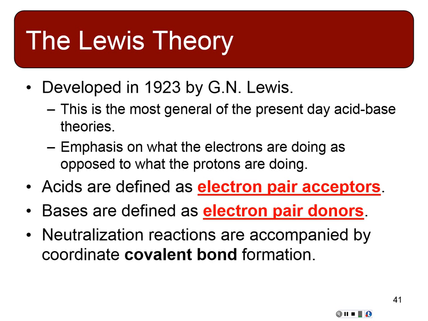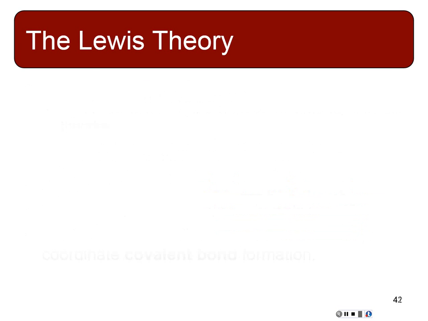So normally your Lewis bases may have lone pairs. That's a good indicator of a Lewis base, because it has those extra pairs of electrons. That's what makes it a good base. There are other indications as well, but I don't want to confuse you right now. Start simple.